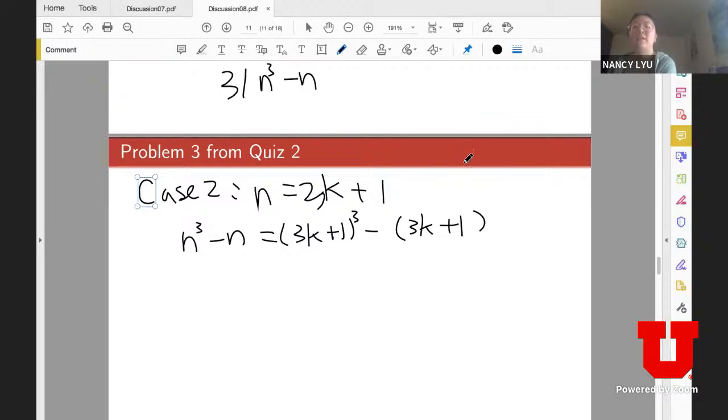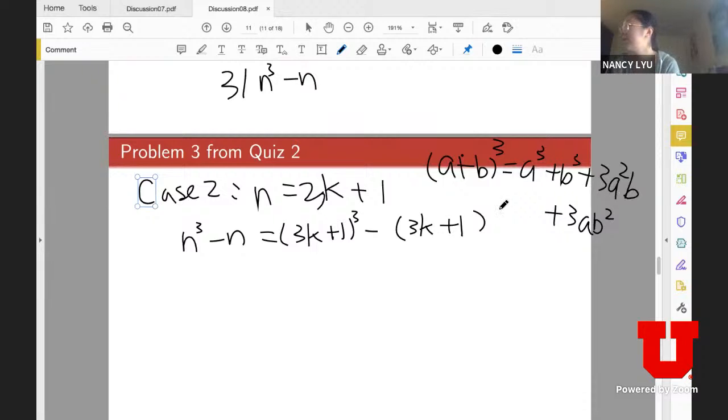Just a hint, it would be nice if you all can remember that a plus b cubed is a cubed plus b cubed plus 3 times a squared b plus 3 times a b squared.